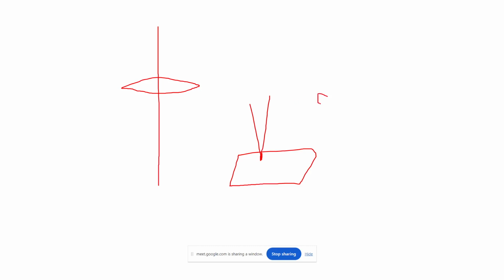We never do magnification, we always do demagnification to reduce the probe size. Then after passing through different lenses, the electron beam reaches the specimen.